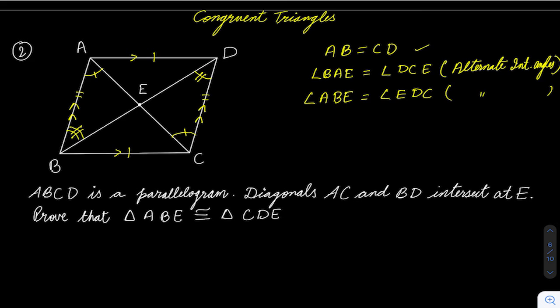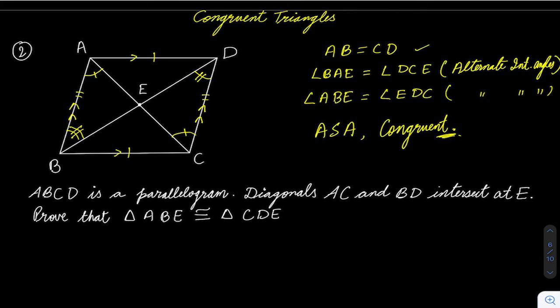Same logic, alternate interior angles. So what do we have now? Two angles and one side. So ASA, as you can see, the side contains both the angles which are equal. So by ASA, we can say that the triangles are congruent. This is how we can prove this.